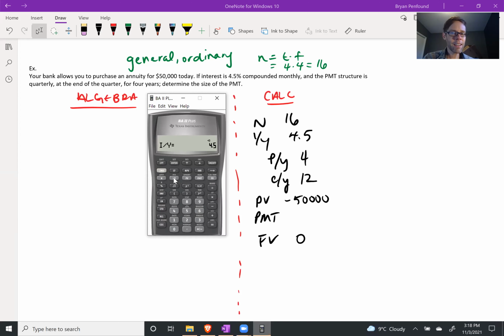Yeah, sure. Megan, n is always t times f. N, when we're working with compound interest, tells me how many compound periods. But if I'm working with an annuity, I need to use the frequency number associated with the PMT, and n tells me the total number of equal-sized payments.